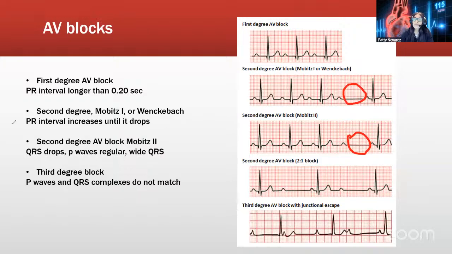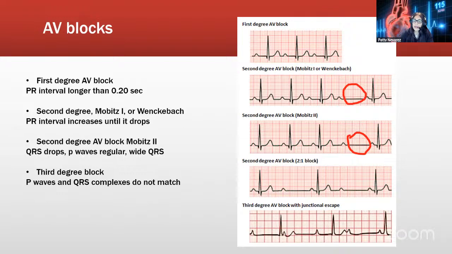In Mobitz 2, the PR interval is good. It's not longer than 5 little squares, or 0.20 seconds. And then all of a sudden we have a drop of the QRS, and the QRSs that are on the strip are just a little bit wider.